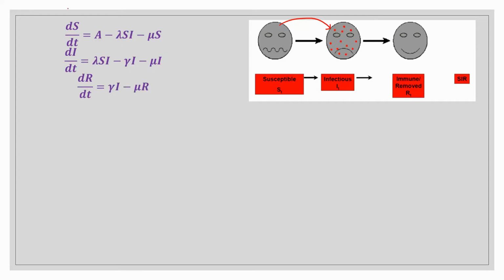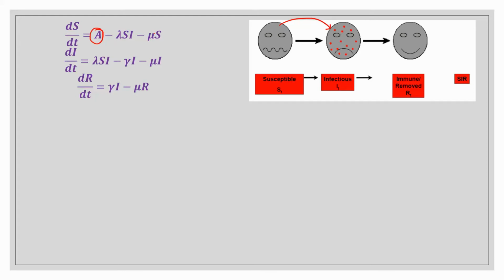Here you can see that the rate of change of the susceptible population includes a recruitment rate, that means the rate at which individuals are entering the susceptible class. This lambda is the transmission rate, and this mu is the natural death rate.